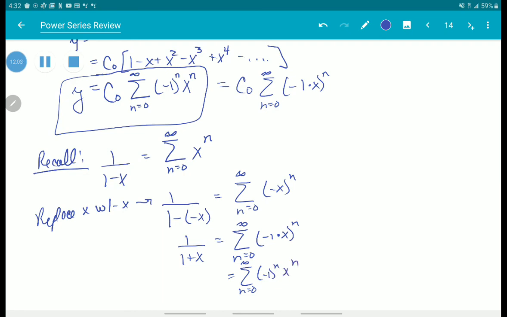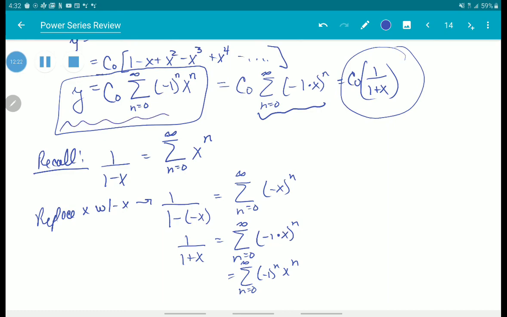So this is actually the power series for 1 over 1 plus x. So we could replace that. There's the simple solution for this. If we wanted the power series representation, that would be our power series representation for that one. What we're going to see next is how we can expand on this and solve more differential equations.